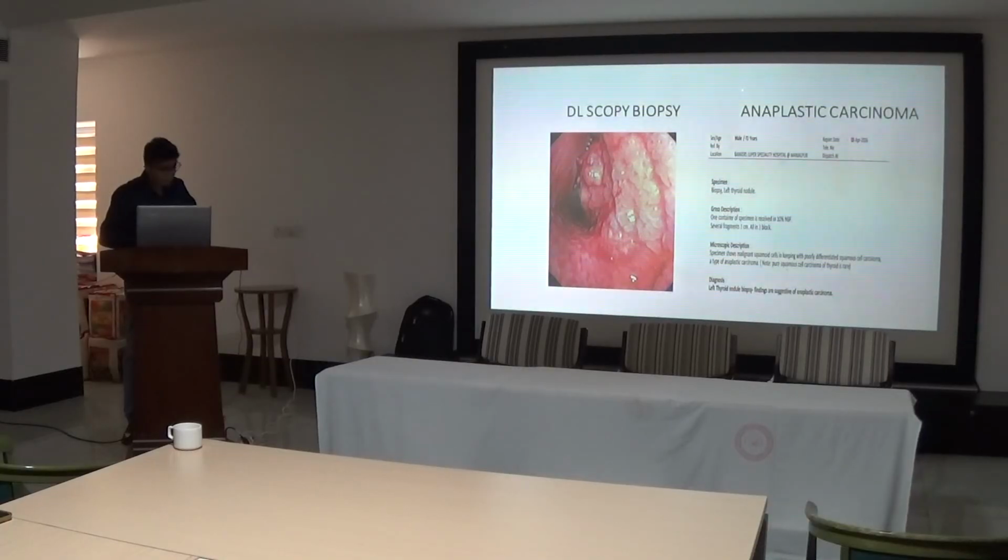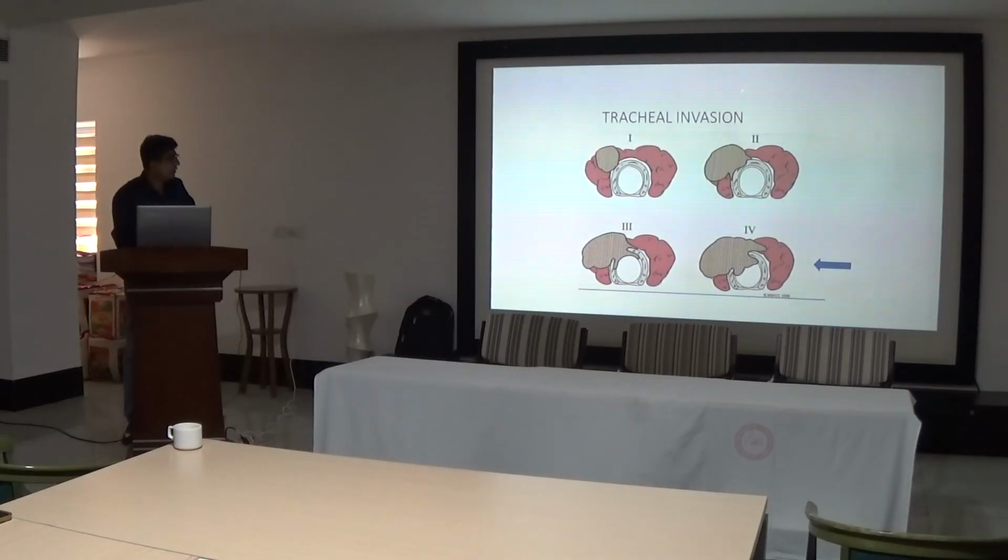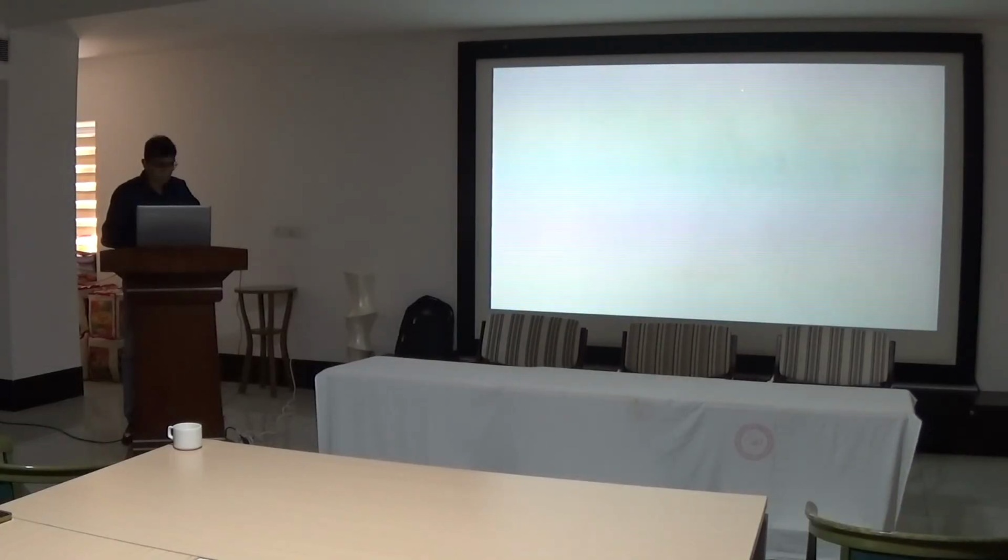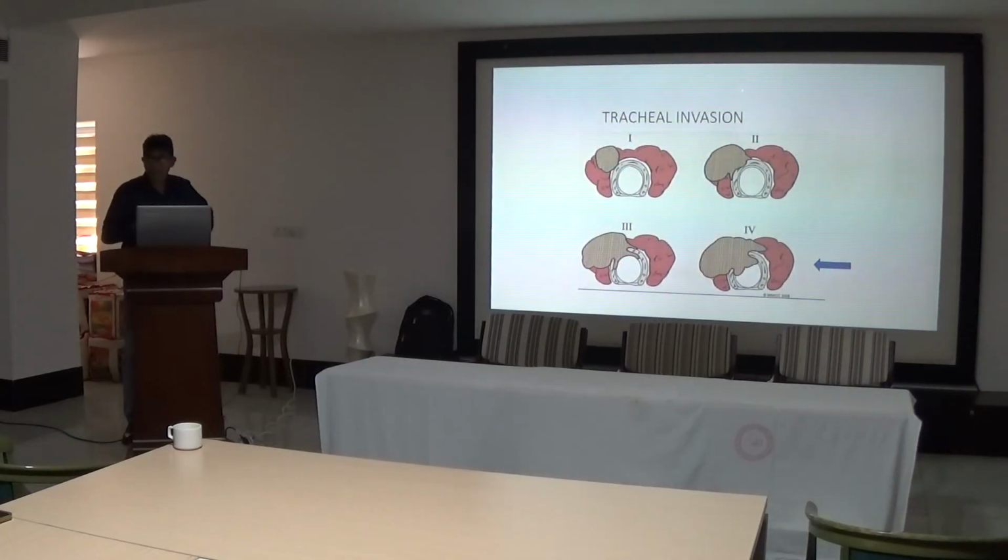So this is how the trachea gets involved. This is this and this. And even this, all this, if it is well differentiated cancer, we would still operate. We resect the tracheal rings, and up to 4 to 5 tracheal rings, you can pull the trachea and do an anastomosis.